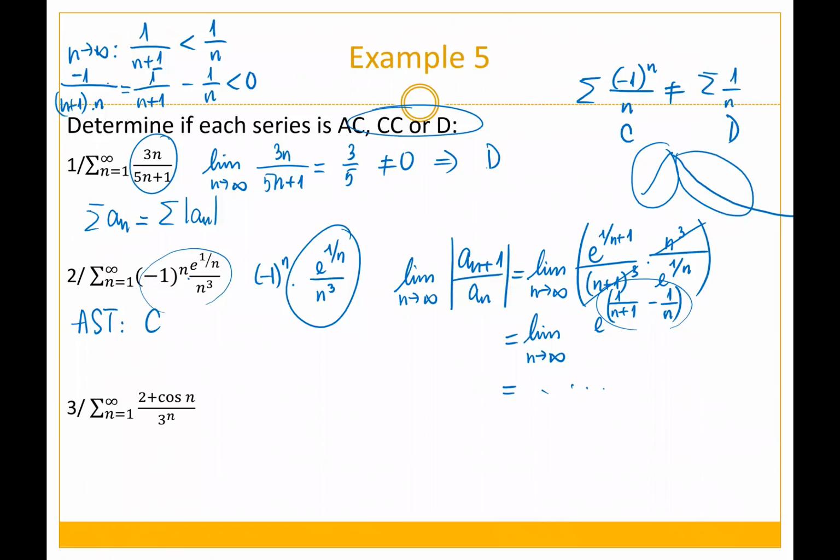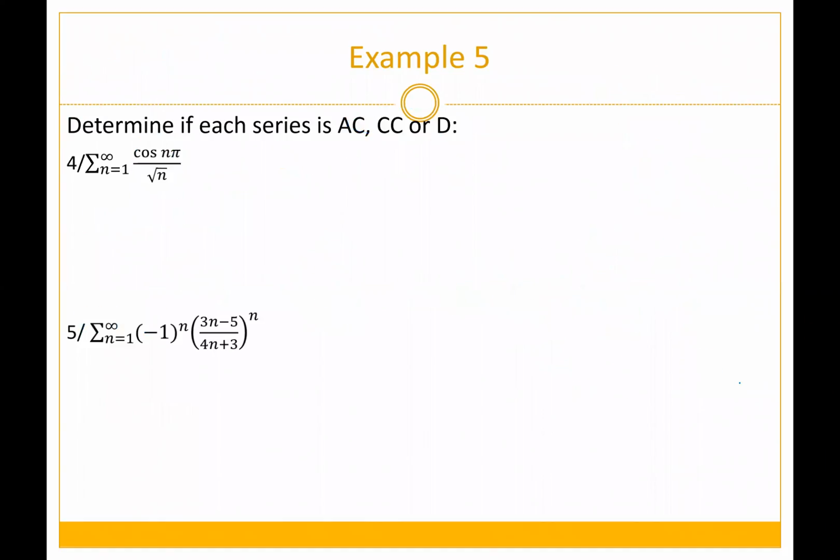If you use the same denominator and solve for it, this is negative 1 over n multiplied by n plus 1. So this is going to give us the limit of n approaching infinity of e to the negative 1 over n multiplied by n plus 1. This thing approaches 0 as n goes to infinity. Therefore, you have e to the 0, which is going to give us 1.